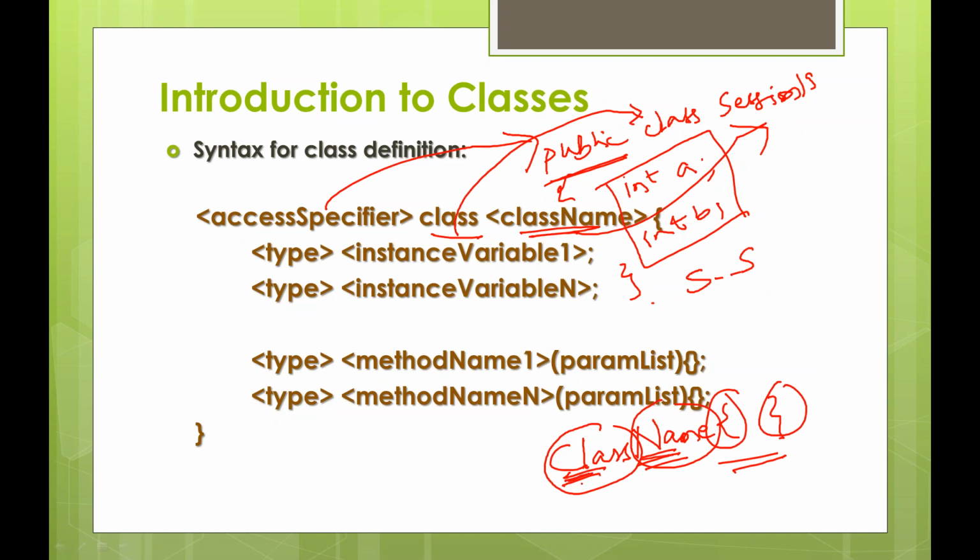But for instance variables, like here, it is first word, first letter, second word, first letter. For methods, it follows this convention. For classes, it follows this one.